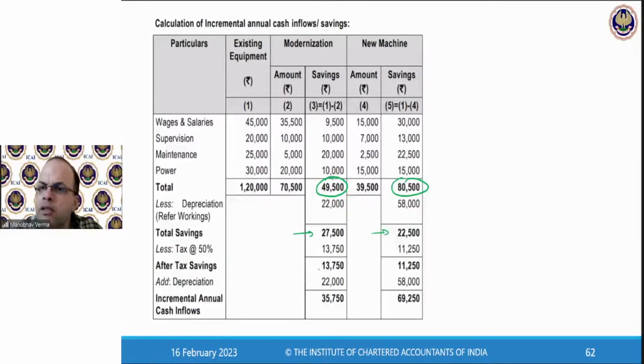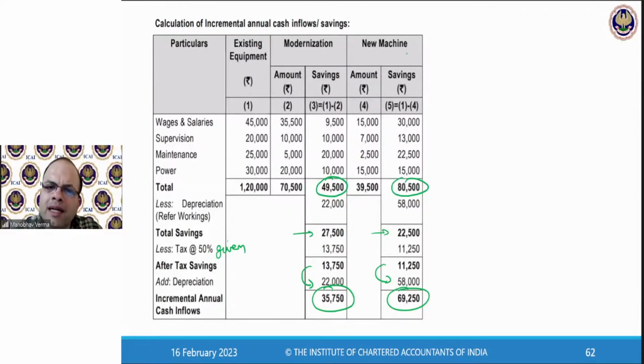Then tax is reduced at 50% given to us. And we are adding the depreciation after tax shield. So what we are getting is incremental annual cash flows 35,750 and 69,250. We had to calculate depreciation to give the tax shield over there.